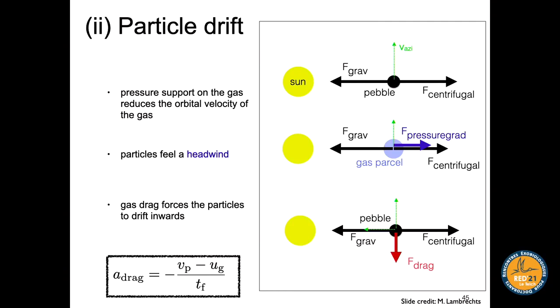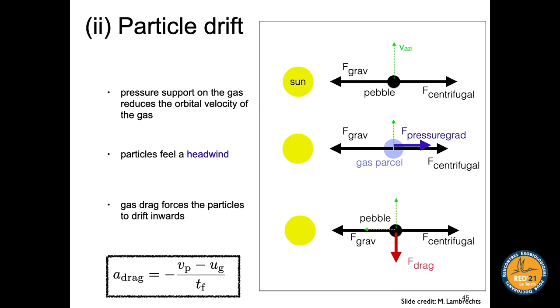As I was mentioning before, gas orbits at a certain speed, and the speed at which gas orbits is basically following a gravitational path, but it has an extra pressure support, because gas closer to the star is a little hotter, and so it pushes outward a little bit on the next little bit of gas.